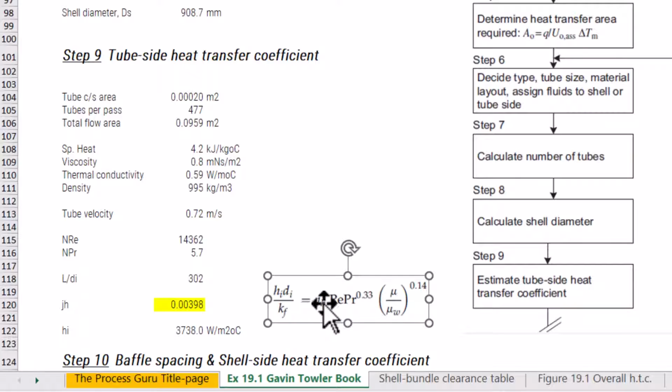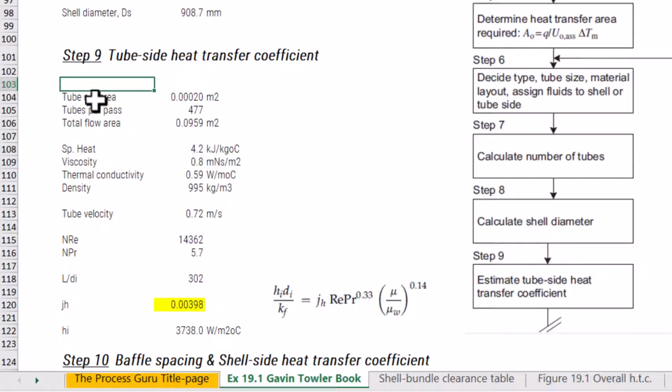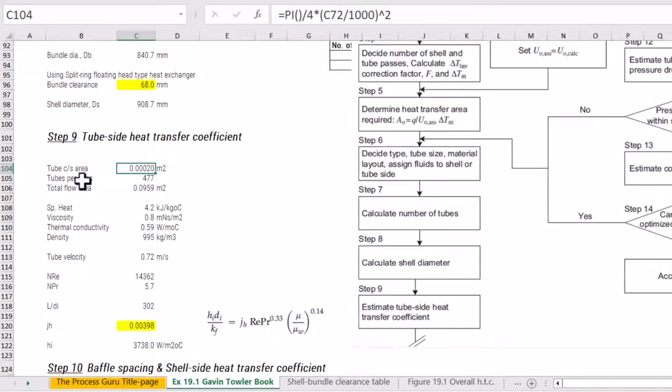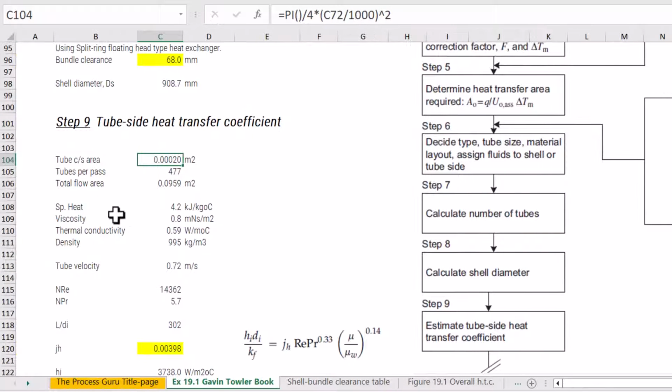So first we need to prepare the Reynolds number, Prandtl number, and JH factor. Very quickly, let me take you through this. First we calculated the tube cross-sectional area. Then, just a second, let me zoom in, we calculated how many tubes there are in a single pass, then the total flow area, then specific heat, viscosity, thermal conductivity, and density.